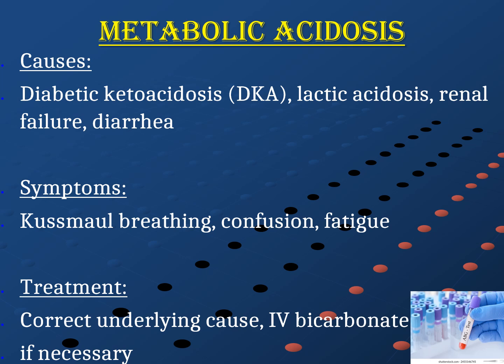Correct the underlying cause, e.g. treat DKA, renal failure, or diarrhea. 2. IV bicarbonate, if necessary, to help neutralize excess acid. The goal of treatment is to address the underlying cause of the acidosis and restore the body's acid-base balance. IV bicarbonate may be used to help correct the pH imbalance, but it's not always necessary.